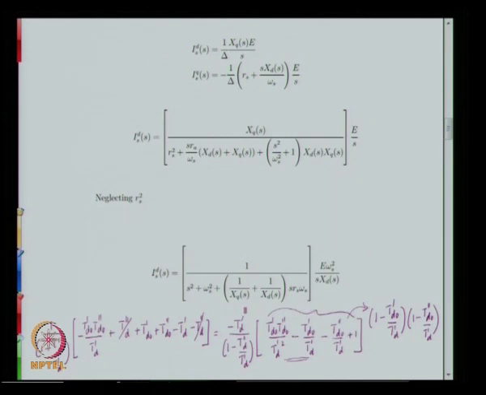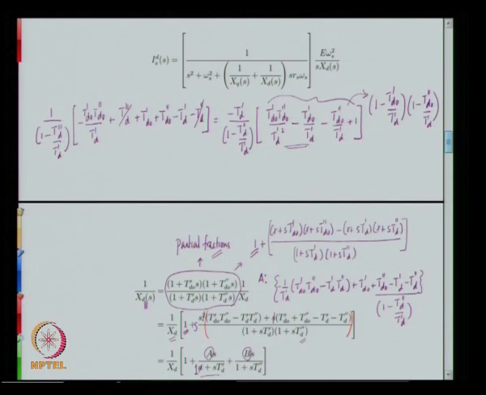In these places we noted that you have 1 over xd and 1 over xq. 1 over xd is present outside the bracket also, so we then tried to look at the expression for 1 over xd. We know what xd of s is from our earlier discussions: it is simply described by the steady state direct axis reactance multiplied by a function which has a second order numerator and a second order denominator, and therefore the reciprocal now looks like this.